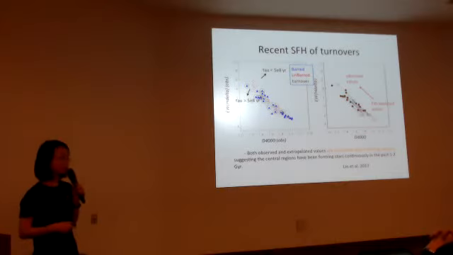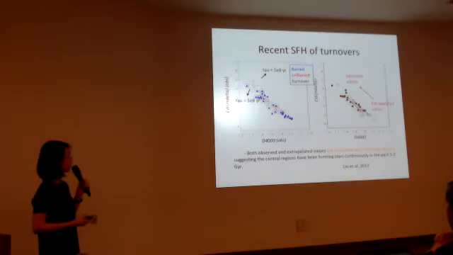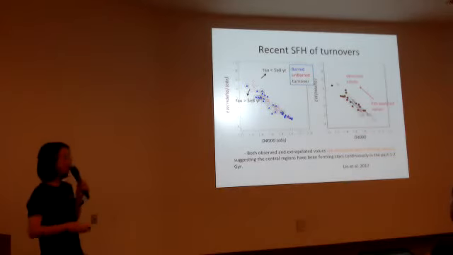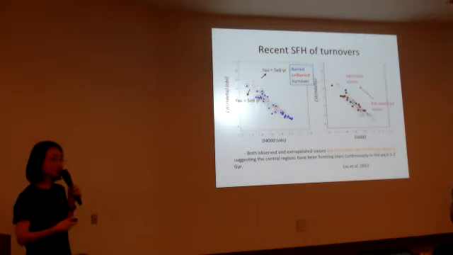So this is the next, last plot. As I said, D4000 and H delta trace different time scales of star formation history, so when we combine those 2, we can know what kind of star formation history they have experienced.